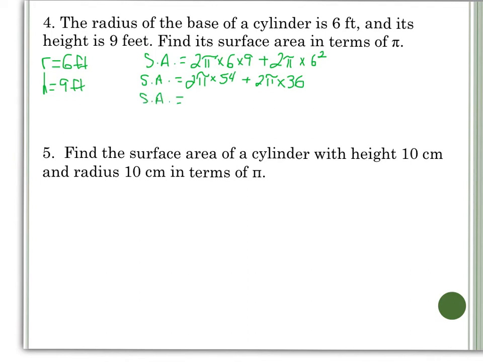So we can take 2 times 54, or 108 pi, plus 2 times 36, or 72 pi. Now it said to leave in terms of pi, so I can just add my like terms to get 180 pi feet squared.